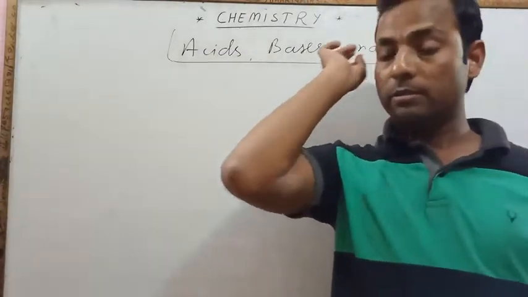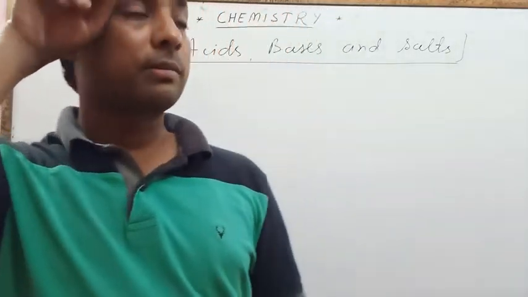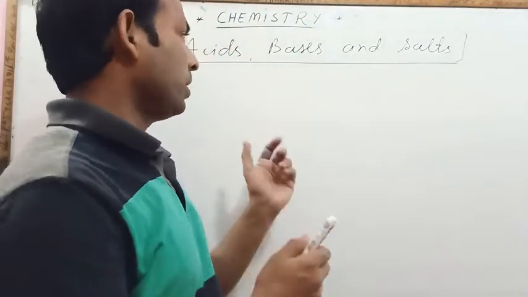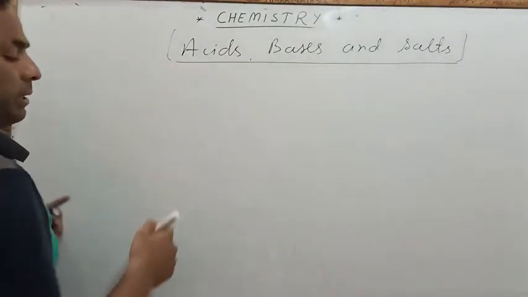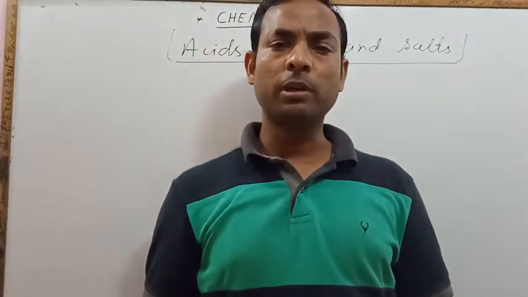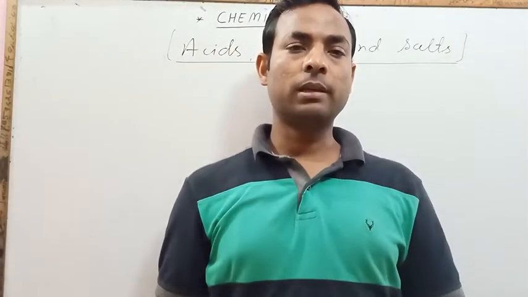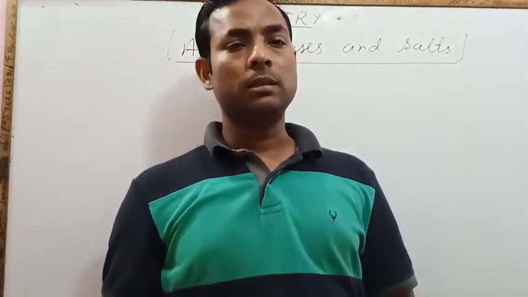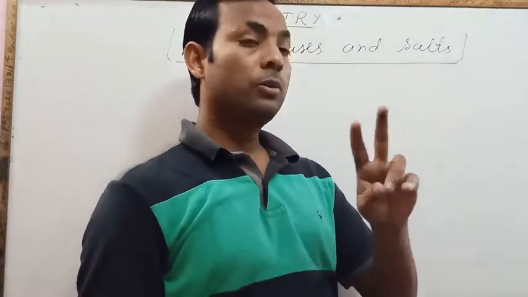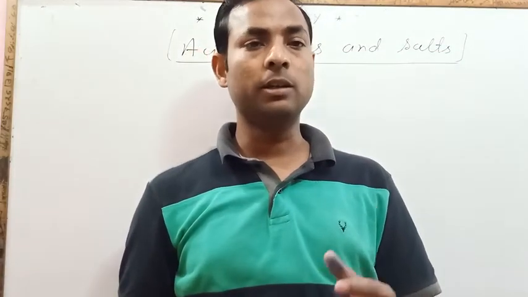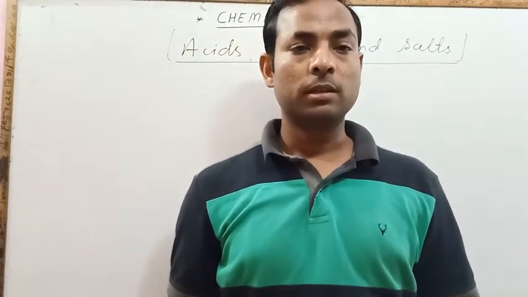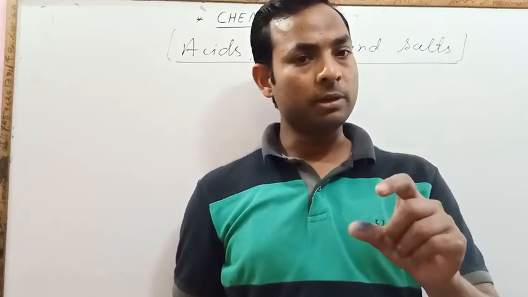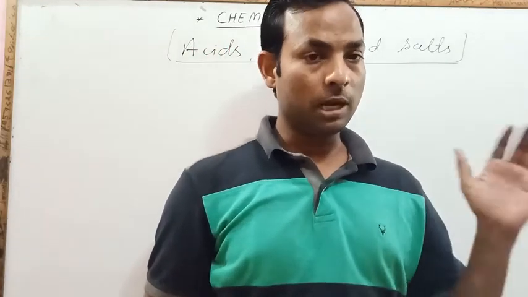So before this I am going to start some basic concept of this chapter. It means electrolyte. According to chemistry, all the chemical substances are classified into two groups. The first one is the electrolyte and the second one is the non-electrolyte.